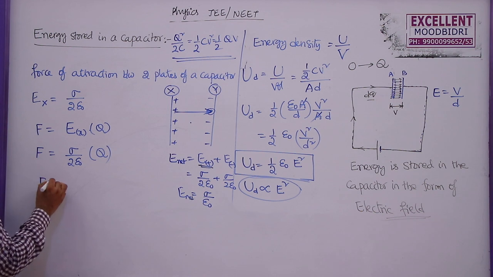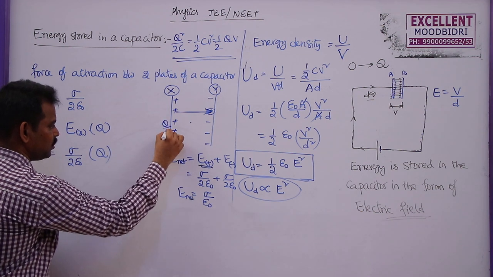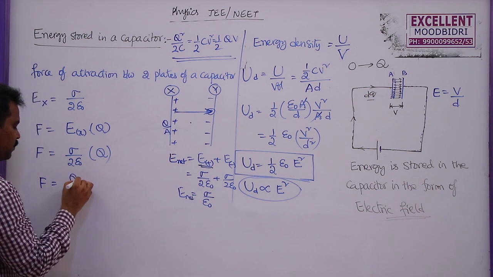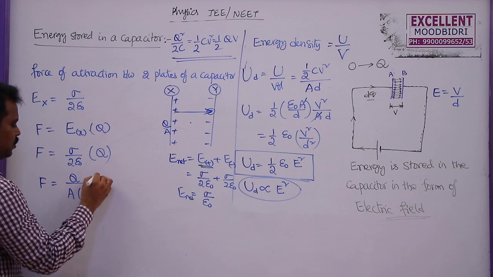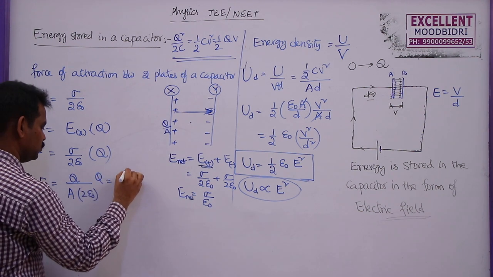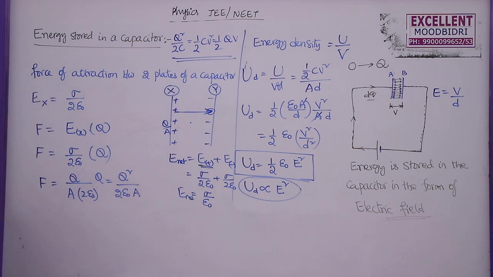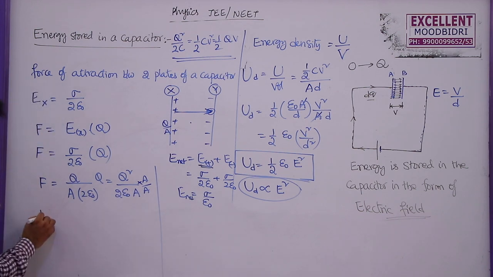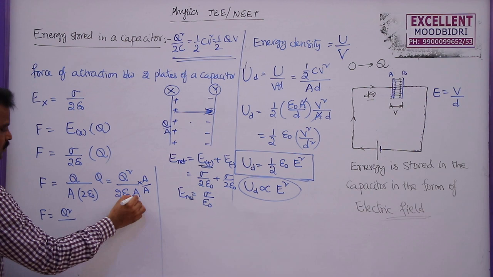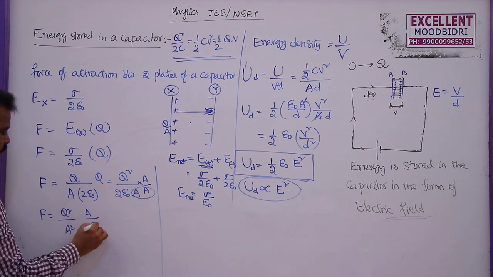We can write this as F equal to, sigma is the charge per unit area, so the charge on the positive plate is Q, area A, into Q by 2 epsilon naught. This is Q squared by 2 epsilon naught A. Now, multiply this with A and A, what are we going to get? The force between two plates can also be written as Q squared by A squared into A by 2 epsilon naught.